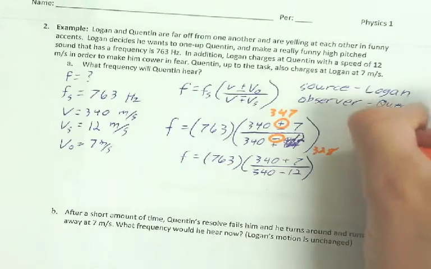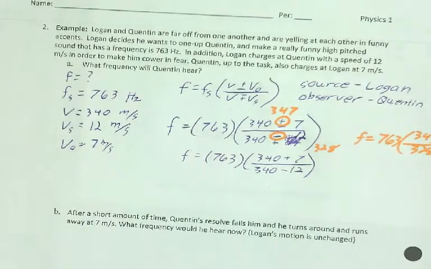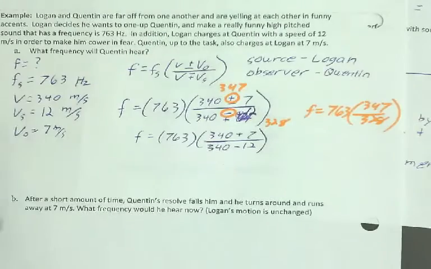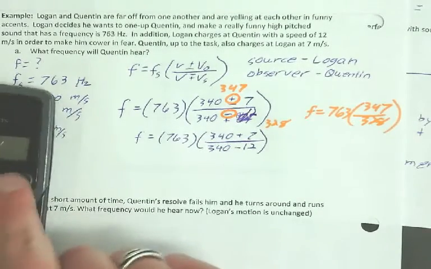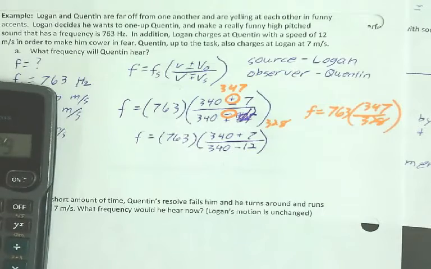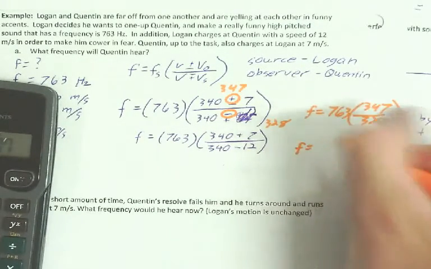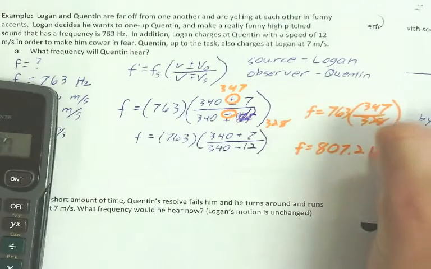So F equals 763 times 347 over 328. So 347 divided by 328 is 1.05792 and so on, times 763 gives me an answer of 807.2 hertz.